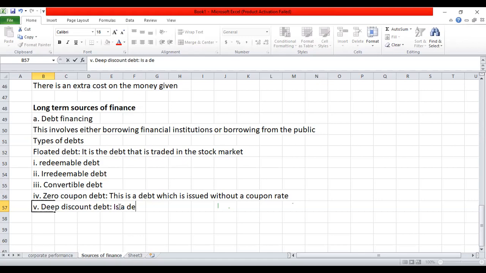A deep discount is a debt which is issued below its market price. So the debt is issued below its market price, then we call it a deep discount debt. So these are different types of debts.